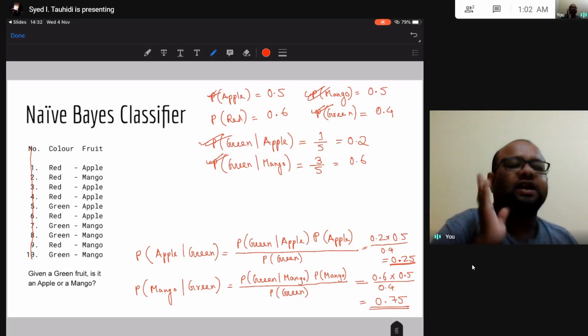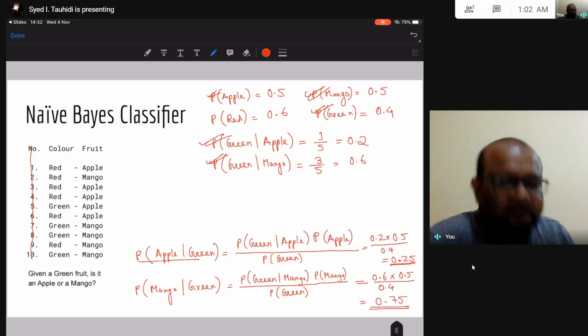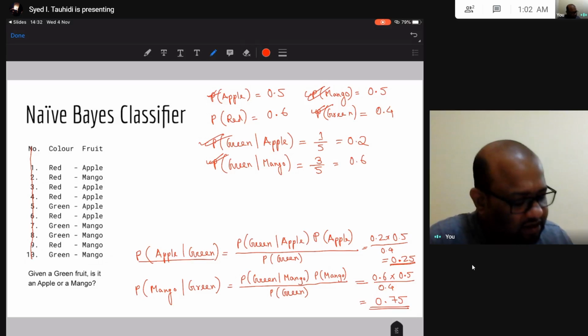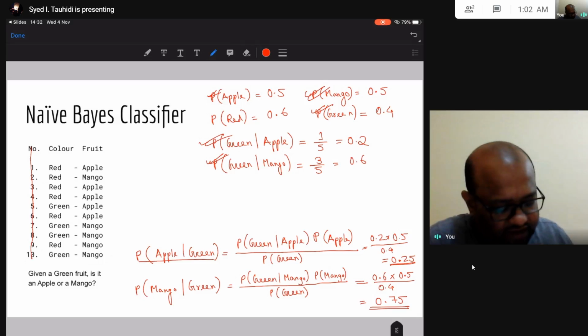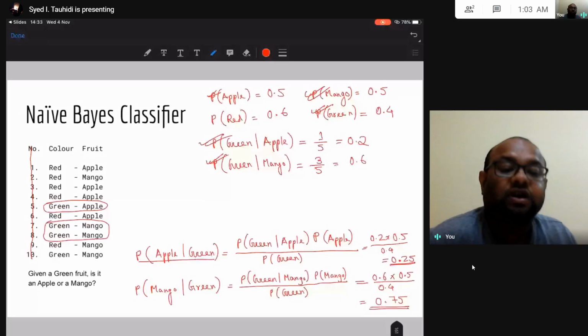Let us verify this number. I found that the probability of apple given that the fruit is green is equal to 25%, and the probability of mango given that the fruit is green is 75%. Let us verify that. How am I going to verify that? So this is a green fruit, these are two green fruits, and this is a green fruit, right? So I have four green fruits.